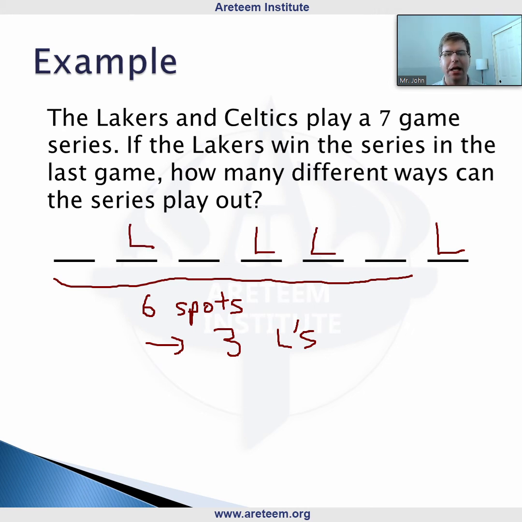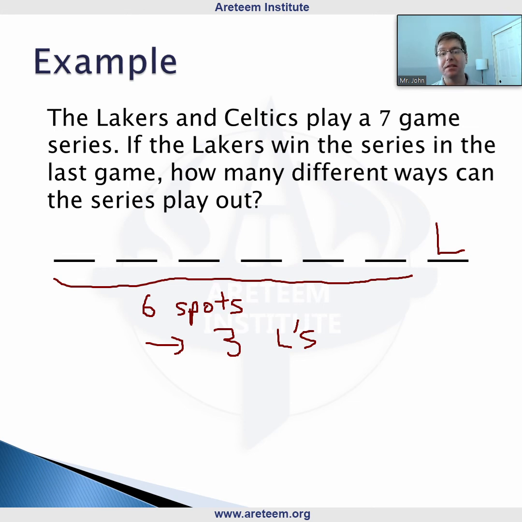You could pick, okay, the Lakers win those 3 games, and therefore the Celtics win the other 3 games there. So, right, you really just have to pick where those 3 spots for the L's will go. Now, are those L's in any particular order? No, because if the Lakers win the first, the third, and the 5th game, that's the same as winning the 5th, the third, and the first game.